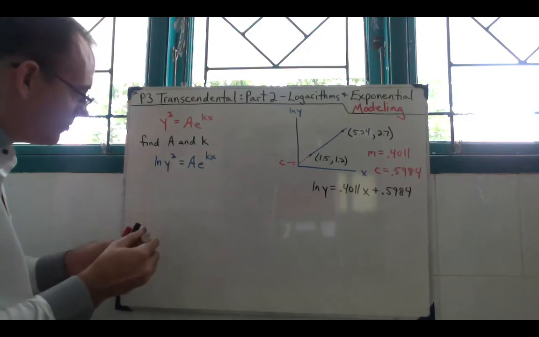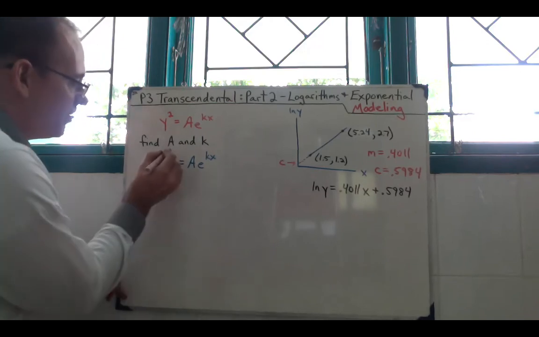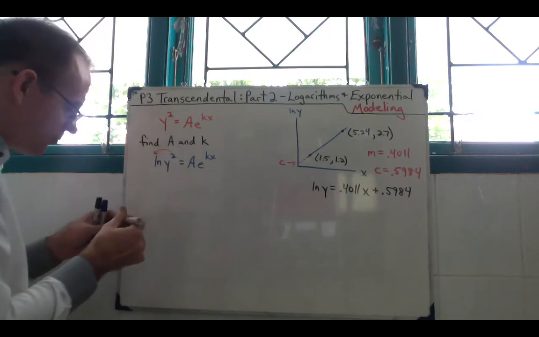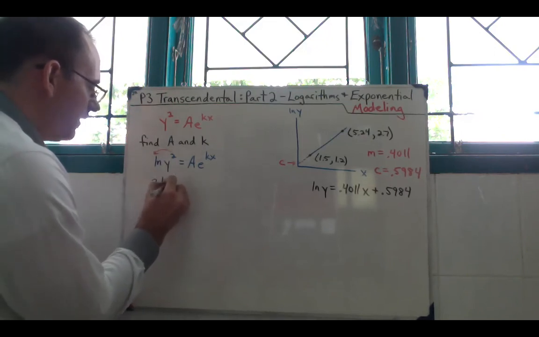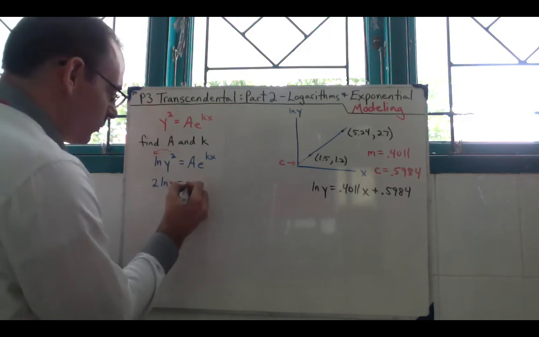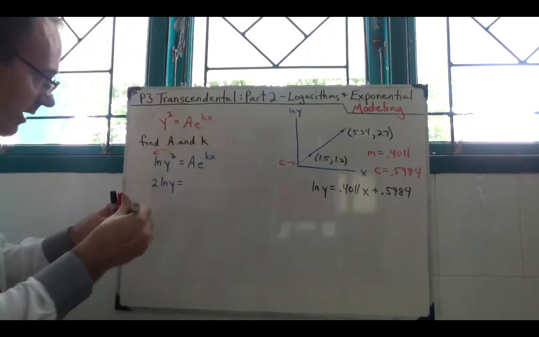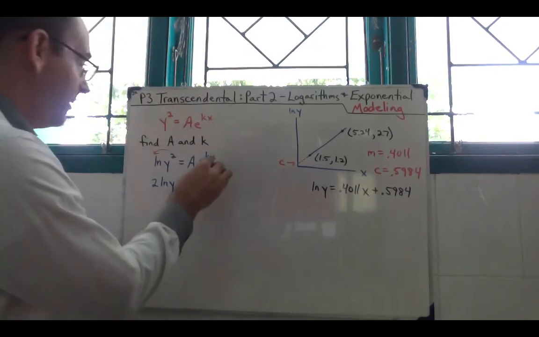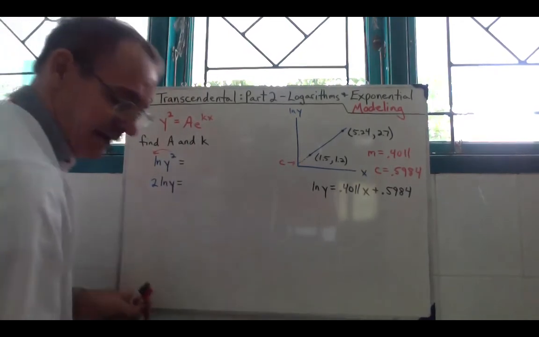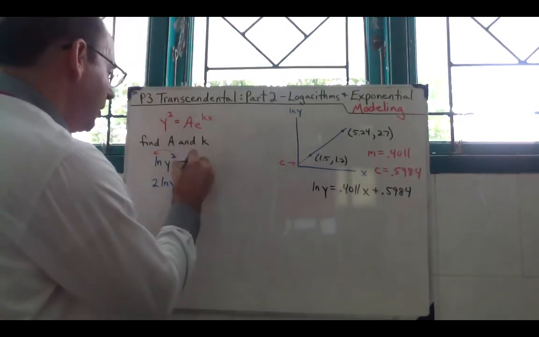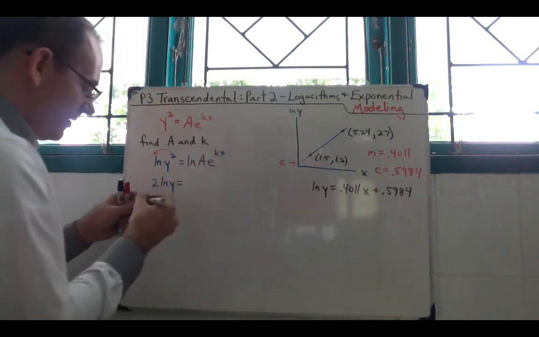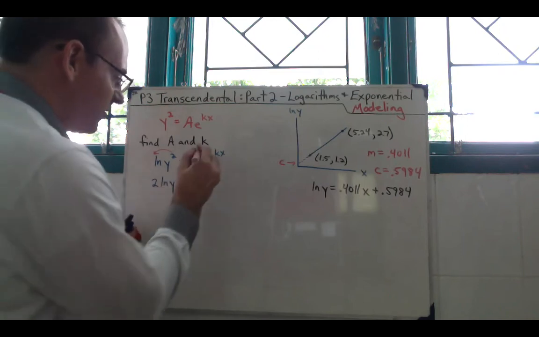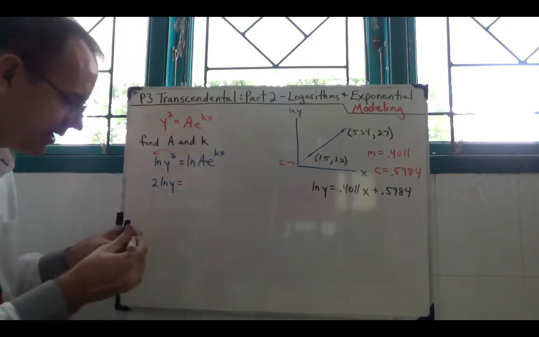Then, because we're using laws of logarithms, this 2 comes out as the front, the coefficient. So 2 ln y equals, whoops, I lined the left side. I did not line the right side. So ln of a e to the kx. Notice over here, this is a multiplication, a product.